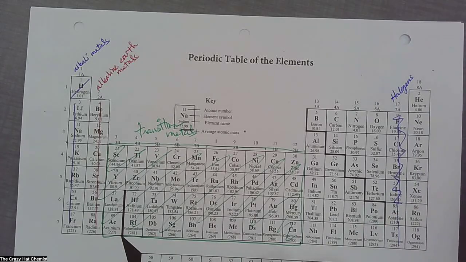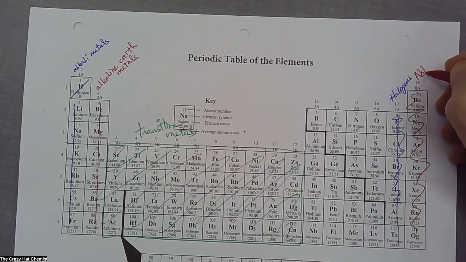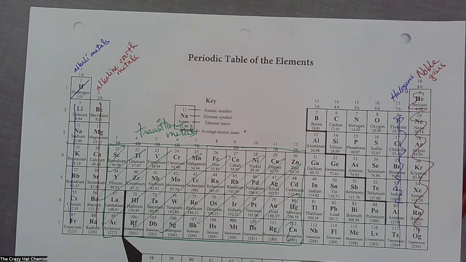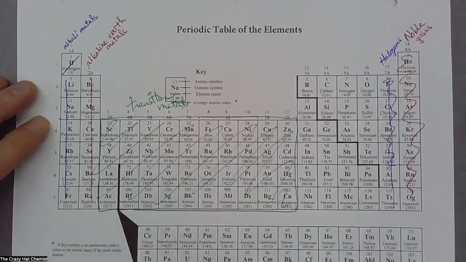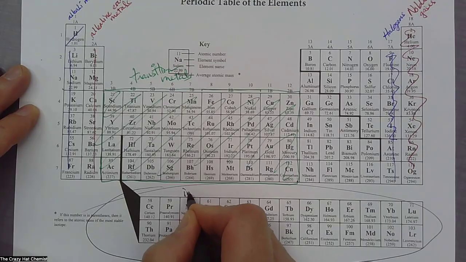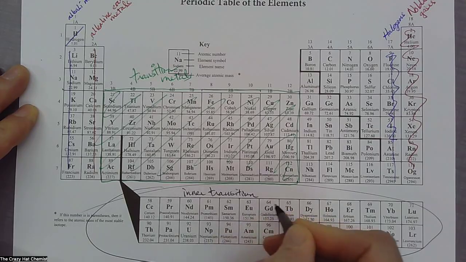And the noble gases, that's right there. And what else do we have here? We have the metals and the nonmetals. We've already done that. We have the inner transition elements. So the F block right here, inner transition metals.